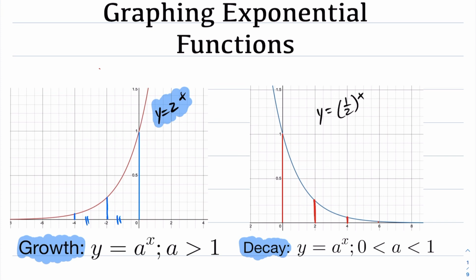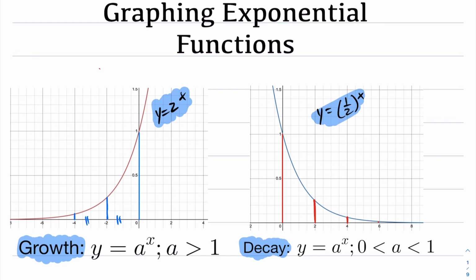So again, with the exponential decay, you are falling faster and faster towards your x-axis, never hitting it, but getting infinitely close. And again, just to remind you, with exponential growth, you're infinitely close to the x-axis, and as x gets larger and larger, you are growing faster and faster away from that x-axis.